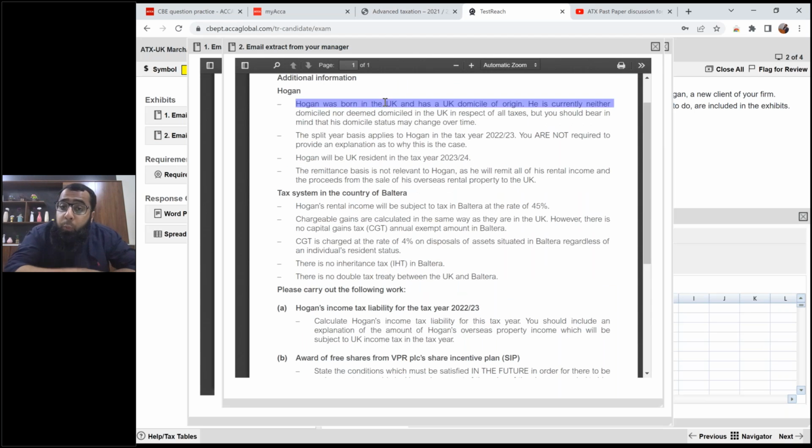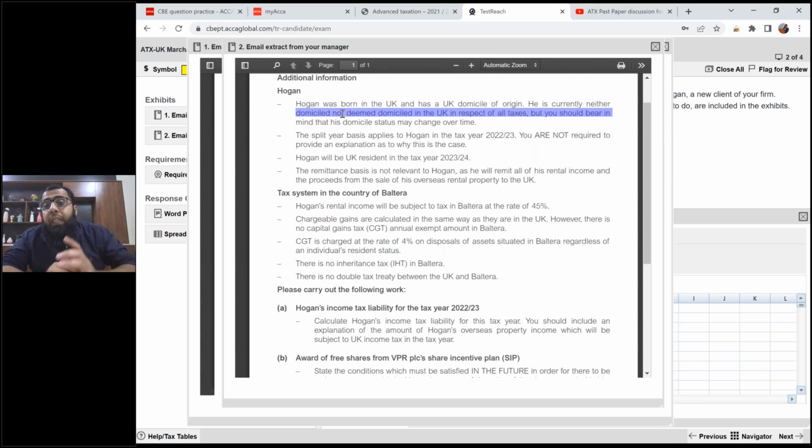Hogan was born in the UK and has a UK domicile of origin. He is currently neither domiciled nor deemed domiciled in the UK in respect of all taxes. But you should bear in mind that domicile status may change over time. Okay.